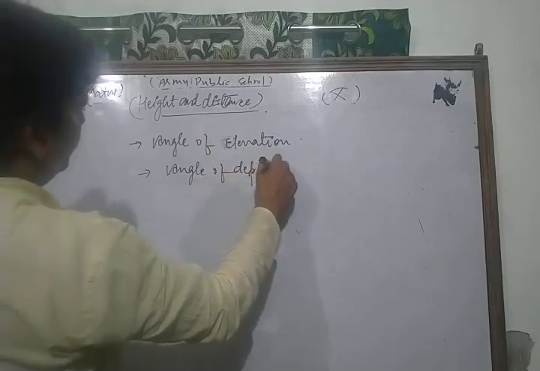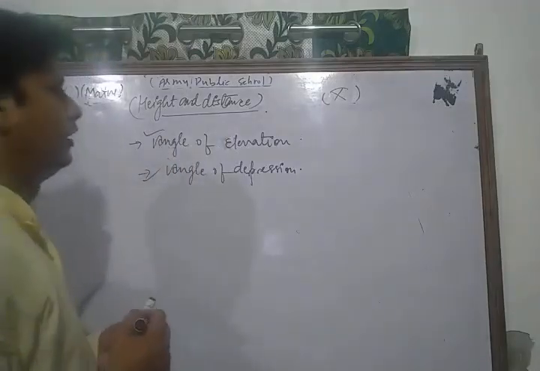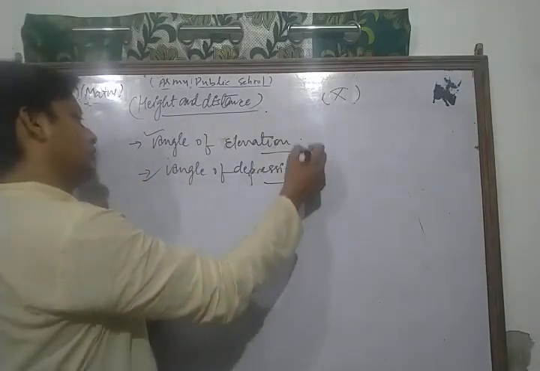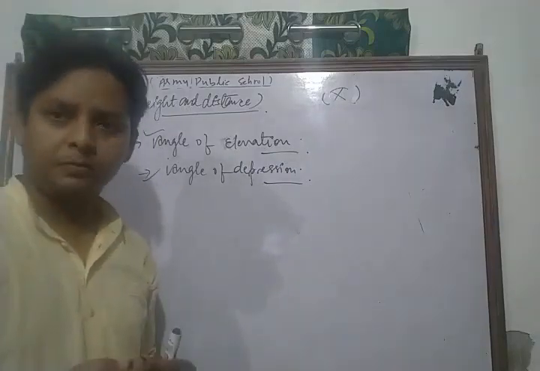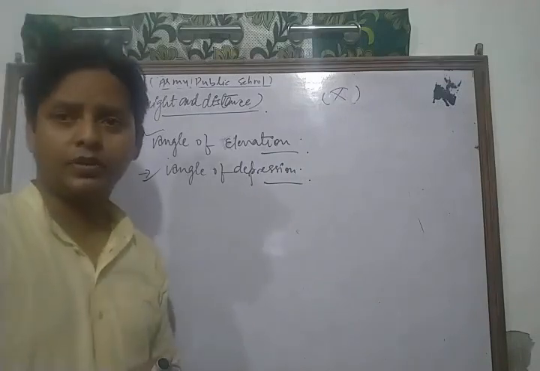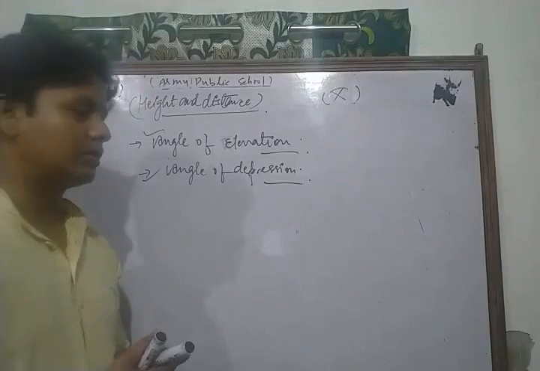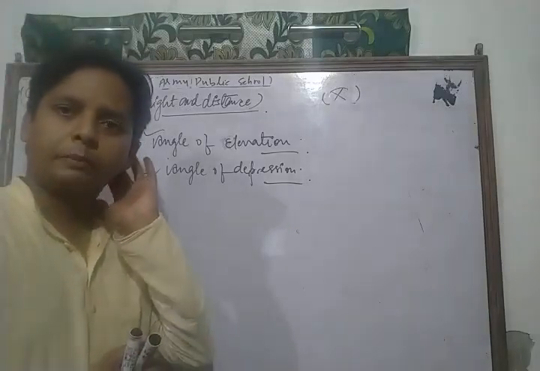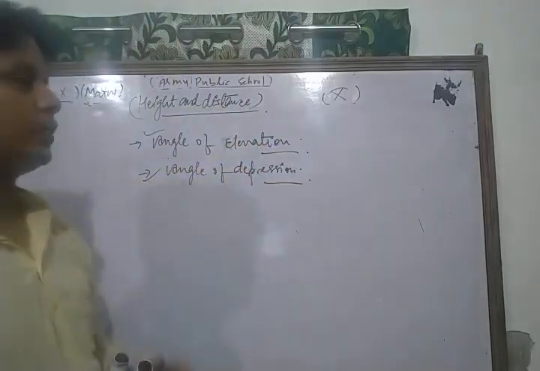Angle of depression. Yes friends, there are two important angles related to that chapter. First one is angle of elevation, second one is angle of depression. So first of all we discuss these two angles.